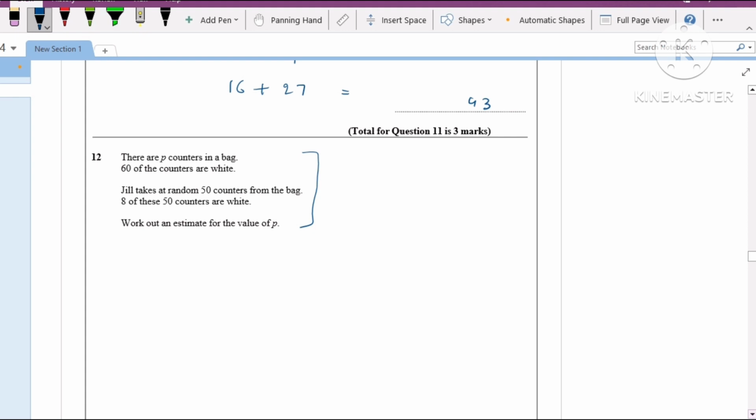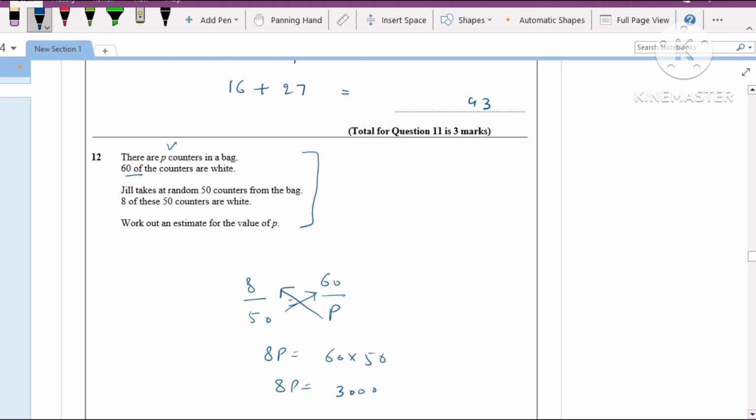So we will write this ratio in the form of 8 out of 50 is equal to 60 out of total P. You have to find the value for P. Just cross multiply here. 8 times P is equal to 60 times 50. So that will be 8P is equal to 3000.